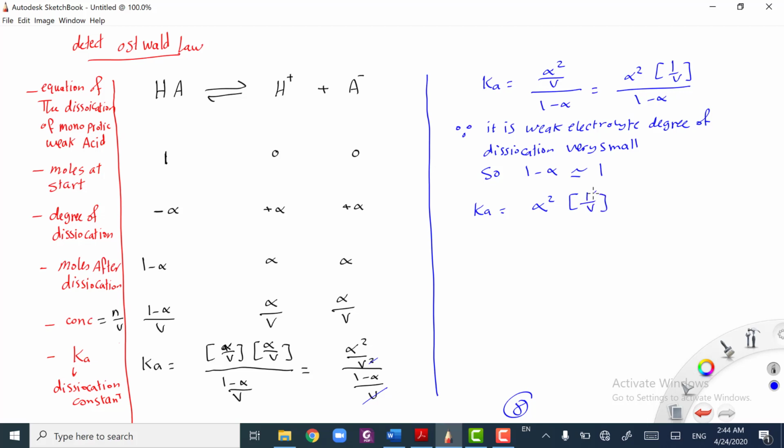In 1 over V, 1 represents the number of moles, and number of moles over the volume gives us the concentration.